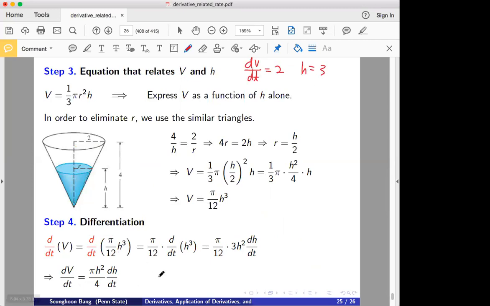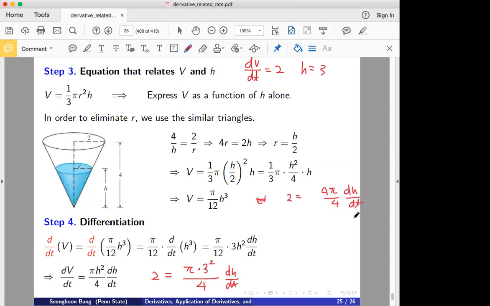You plug into here, we have 2 equals pi times 3 squared over 4 times dH/dt. This is the same as 2 equals 9 pi over 4 times dH/dt.